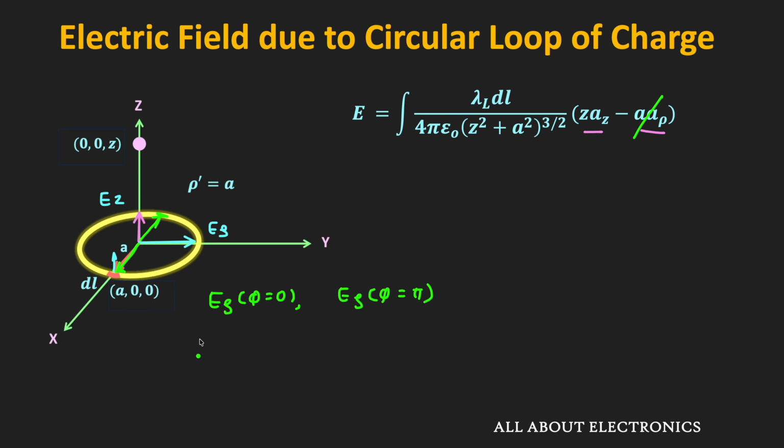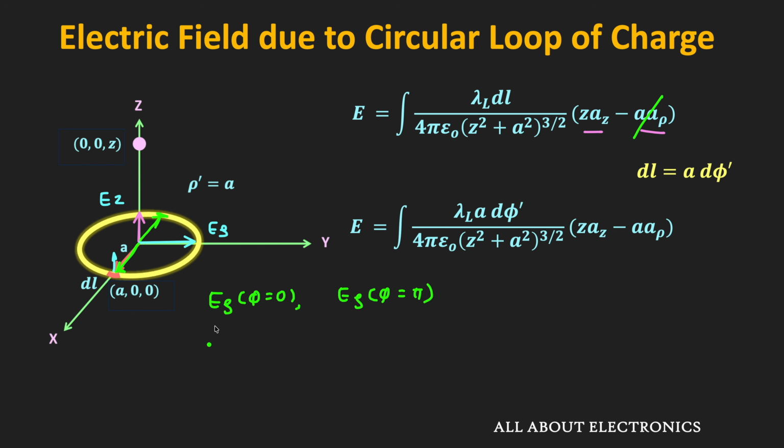So we can say that now this electric field intensity is equal to integration of this lambda L times dl divided by this 4 pi times epsilon naught times this z square plus a square raised to 3 by 2. And here, as we have seen, this dl is equal to a times d phi dash. So we can say that this is equal to lambda L times a times d phi dash divided by this 4 pi epsilon naught times this z square plus a square raised to 3 by 2.